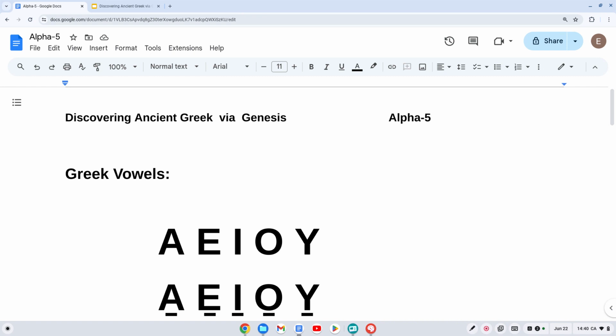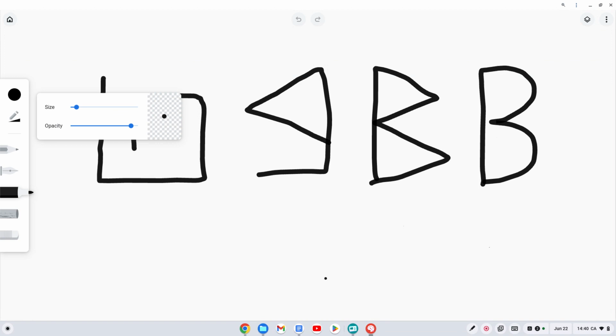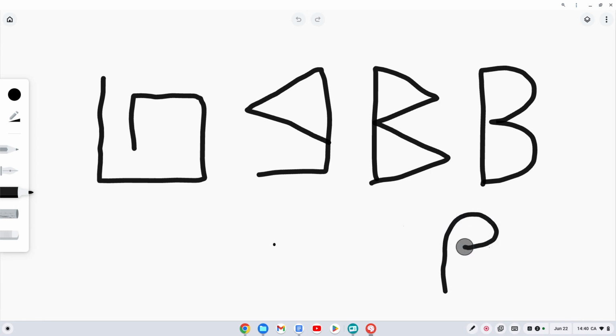Okay, I'm going to go back to what I was doing last time. And here's our evolution of the Greek letter beta, the second letter. And I forgot to give you the small version, which I'm going to do now. Looks something like that.